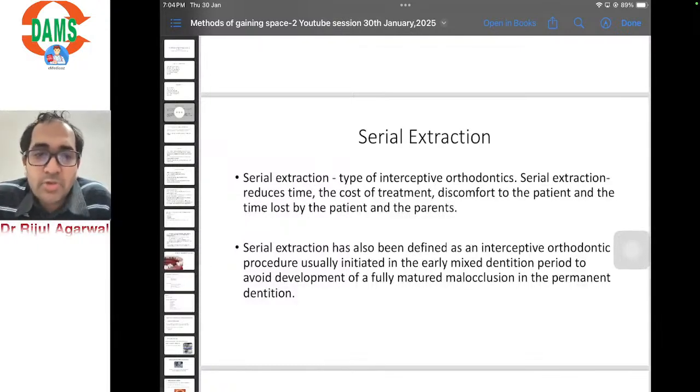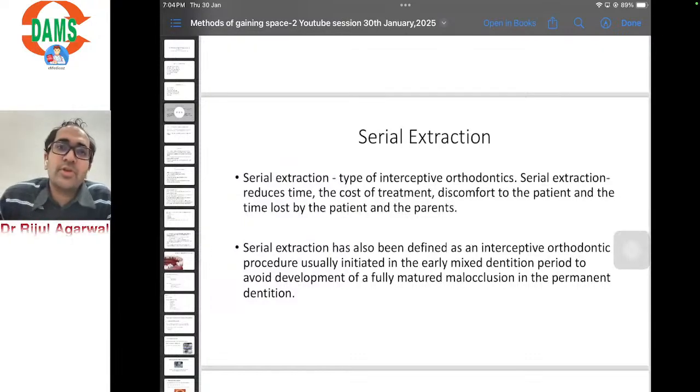Since the time is reduced, the cost in turn gets reduced, and so do the discomfort to the patient and the time lost by the patient and the parents. Since the treatment duration with braces will be shorter, it saves time and cost as well.